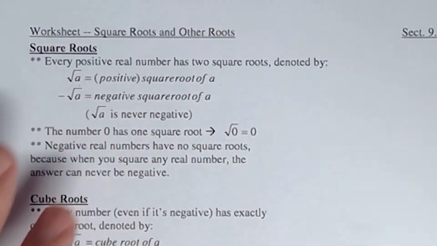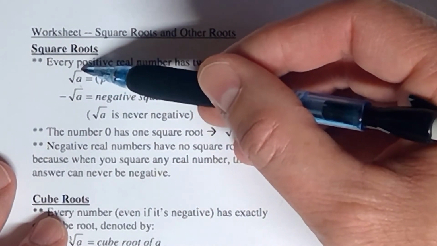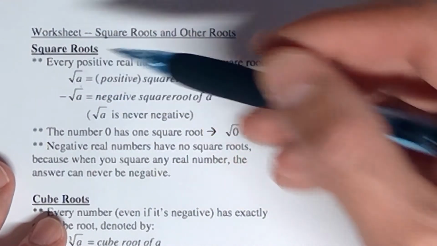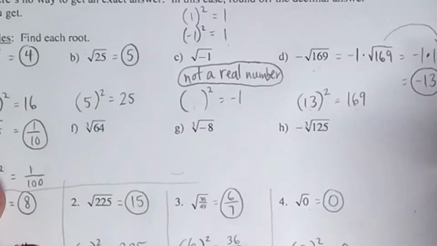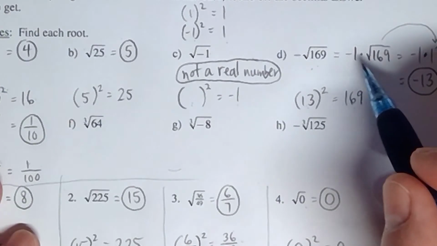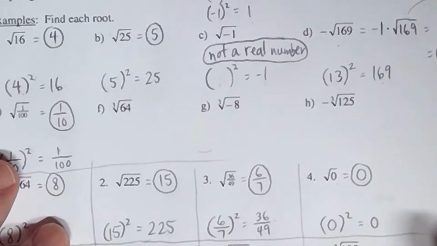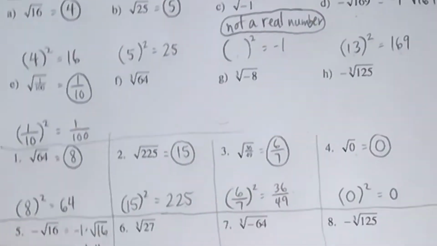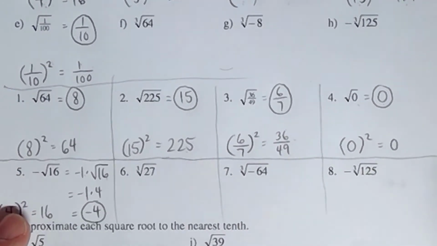But that does not change the fact that, as I already said, the radical is still positive. Okay, and so the way you word that is you word that -1 times the square root of 169. Okay, so just wanted to make sure you understood from the standpoint of words how these things are said.